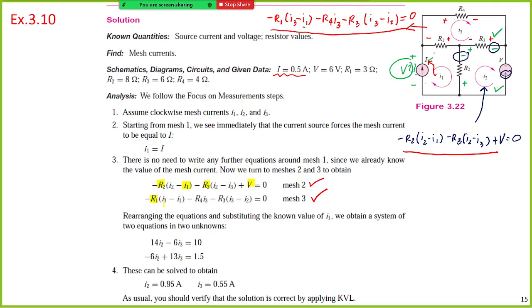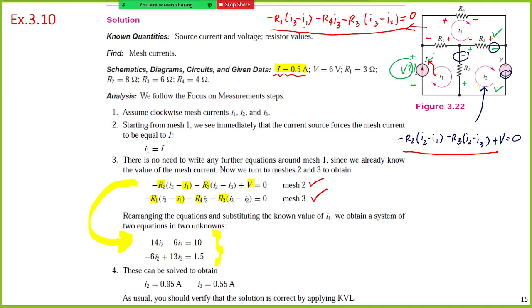Here we know R1, we know I1, which is I, and R4, R3. So we have two equations and two unknowns. After substituting the known variables, we get these two equations and solve for I2 and I3.